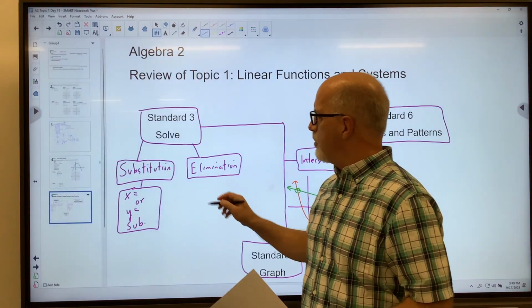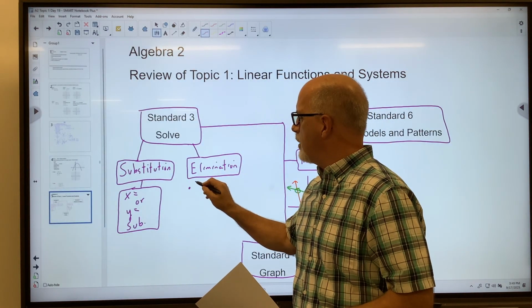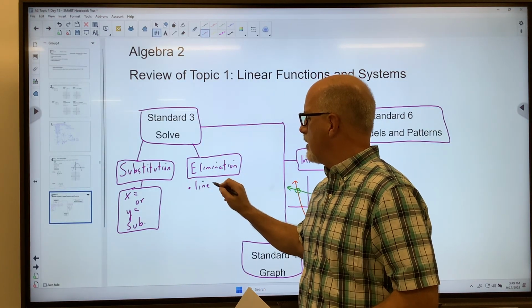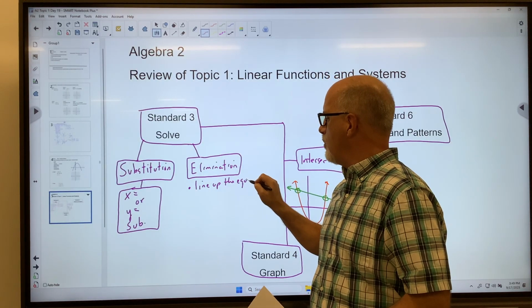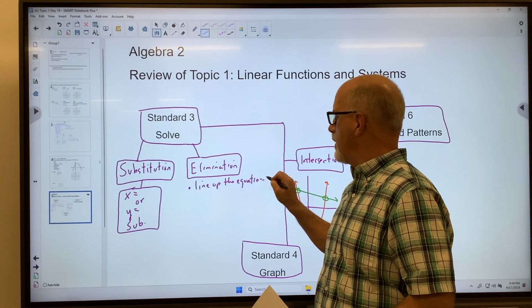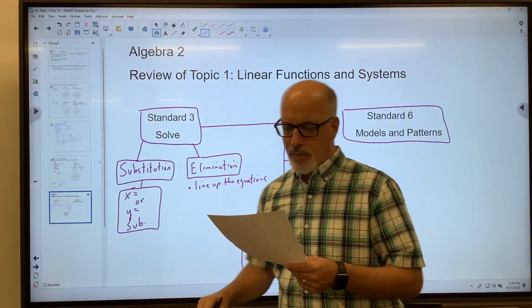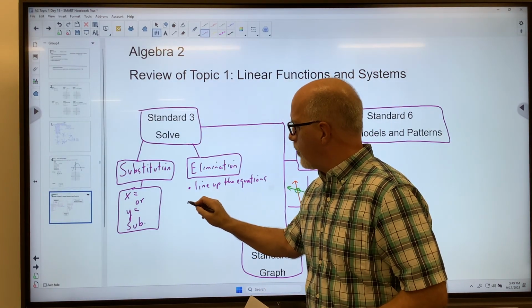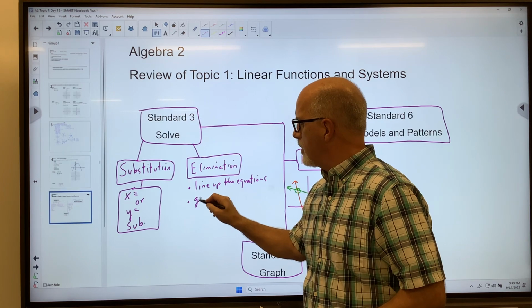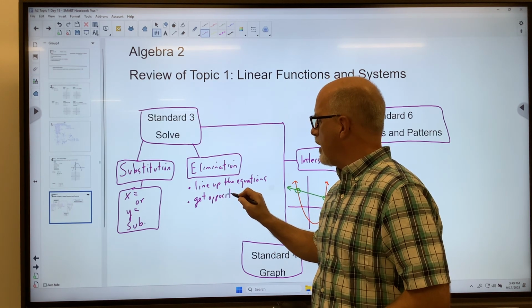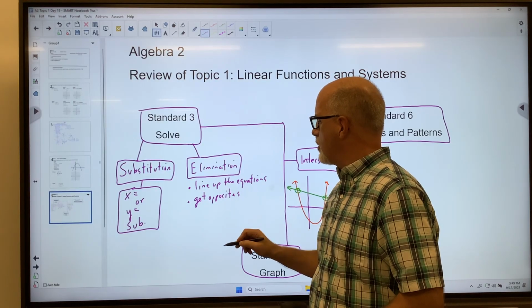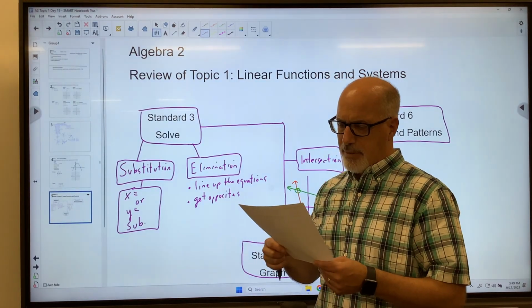With elimination, you want to line up the equations. They've got to be in the same order. Then you want to get opposites for one of the variables by multiplying the entire equation by a number that will get them to be opposites.